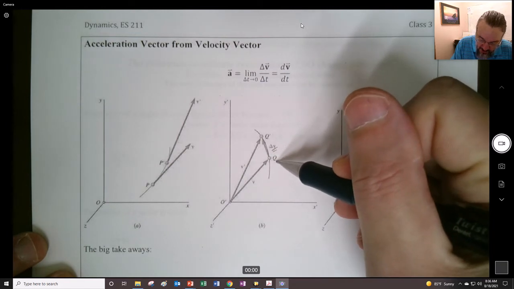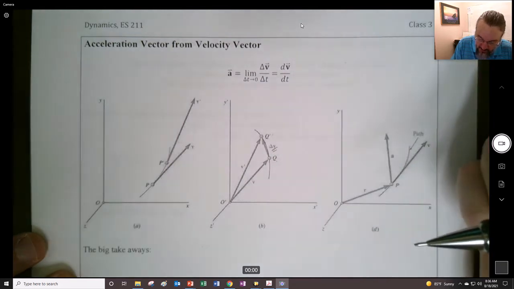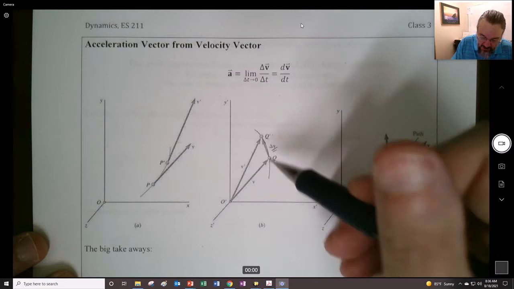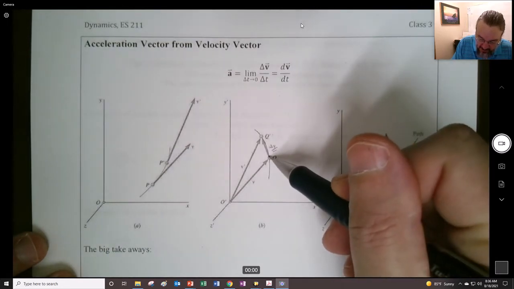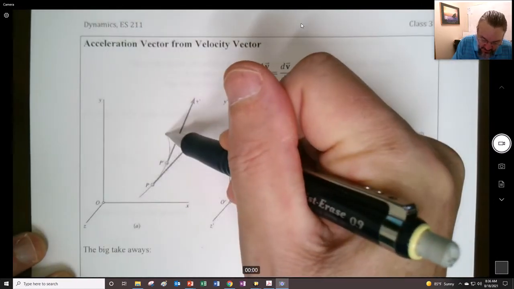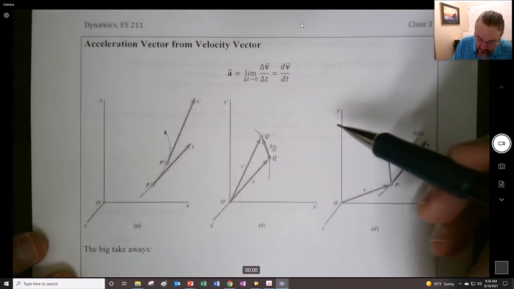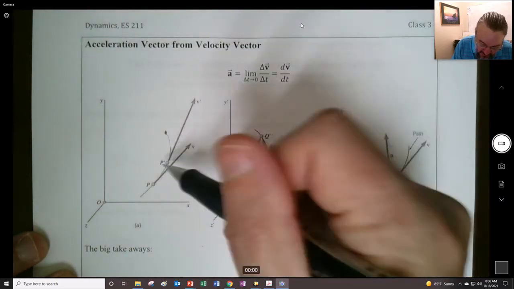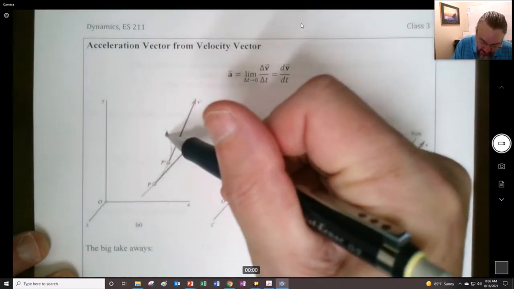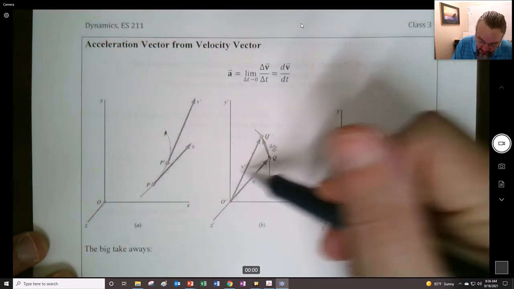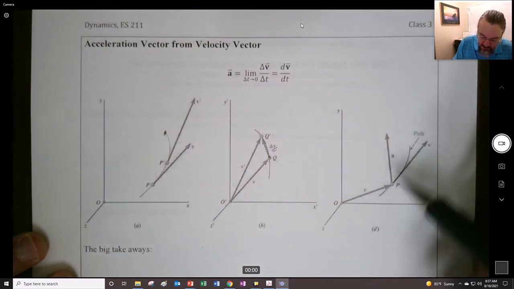I don't know why this turned to q and q prime, I can't remember what their logic was, but they're saying let's take some other time, maybe later on. They're trying to make some kind of delta v that's going between them.